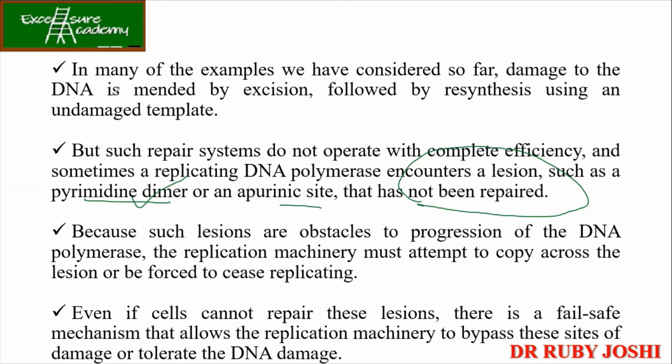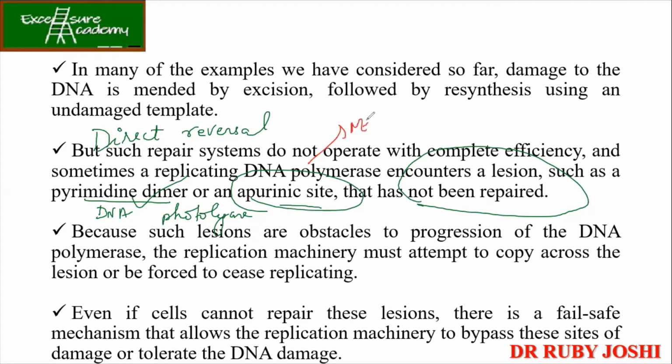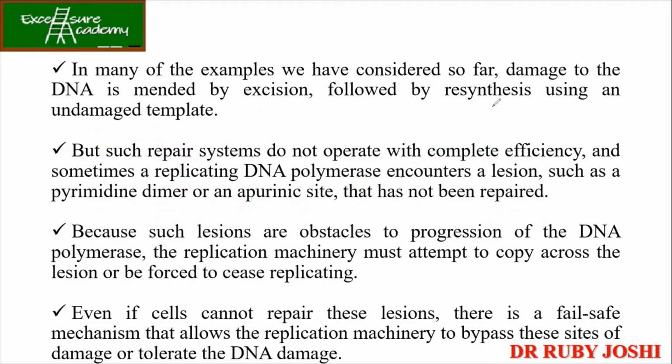Yes, correct. So that is one method. It is also known as direct reversal. So you have the enzyme called DNA photolyase. And in the case of an apurinic site, it is your NER method. Simple. So please do remember, it is important.